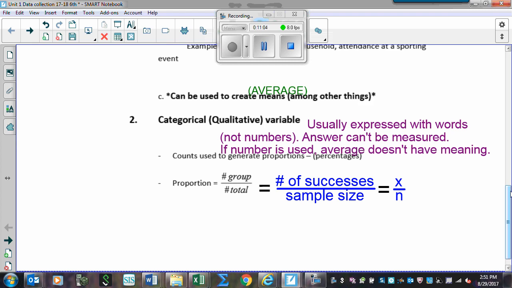So in general, if I was interested in the percentage of people who drove American cars to school, okay? If I asked, do you drive an American car, would you answer that with a word or with a number? With a word. Yes or no? Drive an American car or I don't. So that's categorical or qualitative.